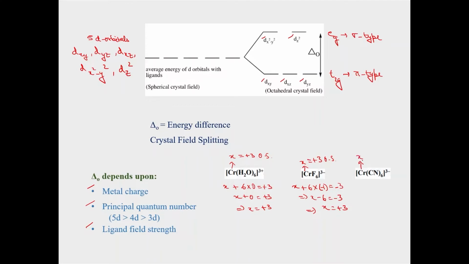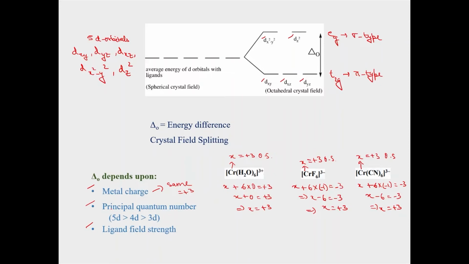Now for the complex [Cr(CN)6]3-, X plus 6 times CN, which also carries a charge of minus 1, and the overall charge is minus 3. So X minus 6 is minus 3, or X is equal to plus 3. Again in this case as well, chromium is in the plus 3 oxidation state. So in all three complexes, the charge on the metal is the same, that is plus 3. So on the basis of this factor, we can't compare the given three complexes.